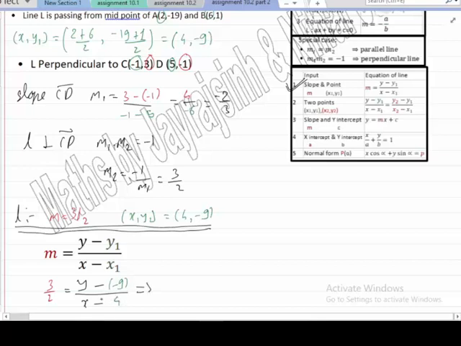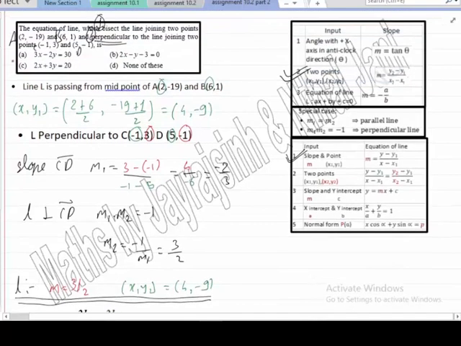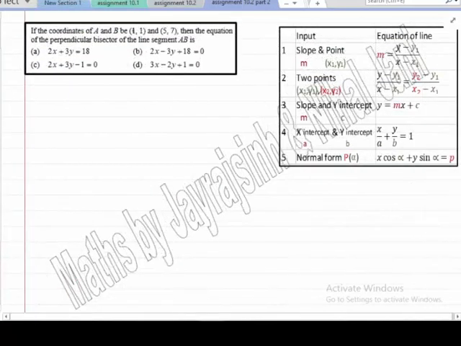Let's simplify, or we can say cross multiply. 3x minus 12 is equal to 2y plus 18, or we can say we will get 3x minus 2y minus 30 is equal to 0. Ta-da! This is the required equation of the line. Let's see the options. Yes, option A is the correct answer. Let's see the next question.